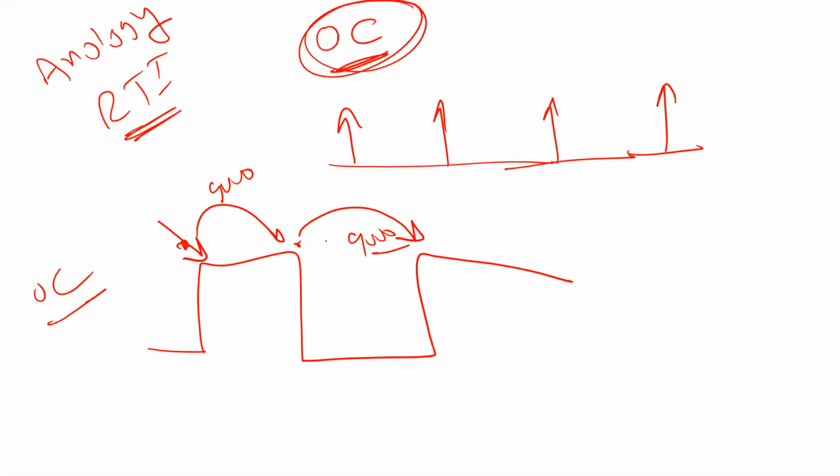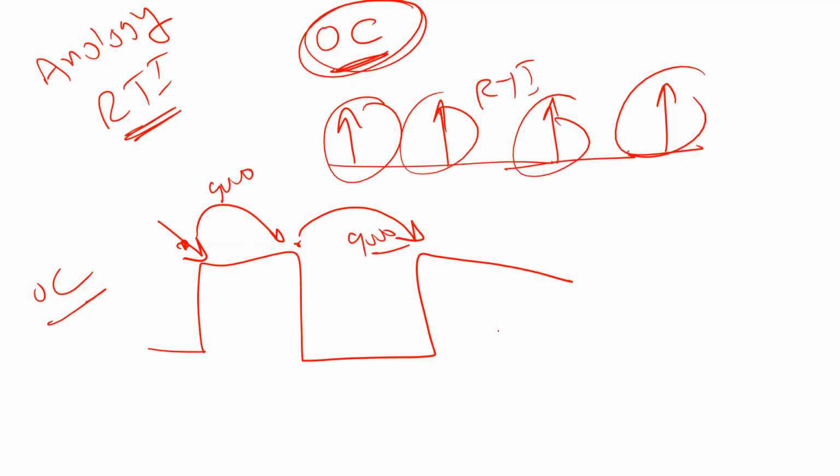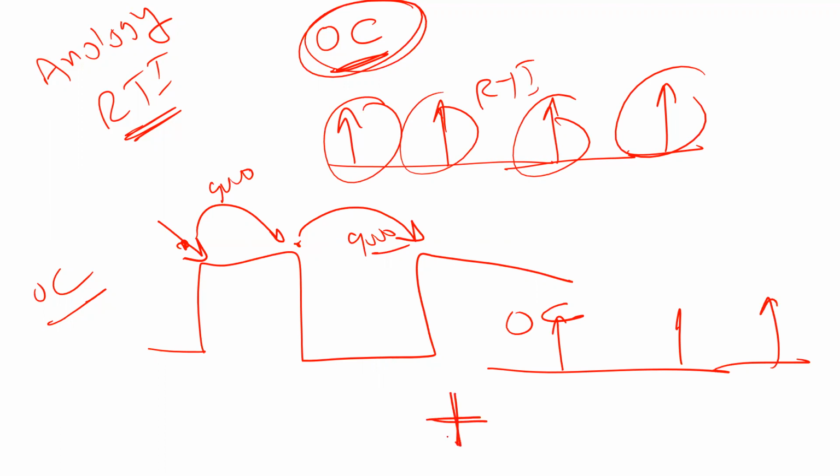So this is RTI. RTI generates periodic interrupts. Output compare also generates periodic interrupts. Plus, this one takes action on the pin. So in addition to generating periodic interrupts, this one also takes action. I don't care about the action.